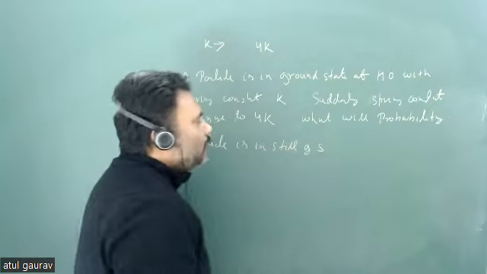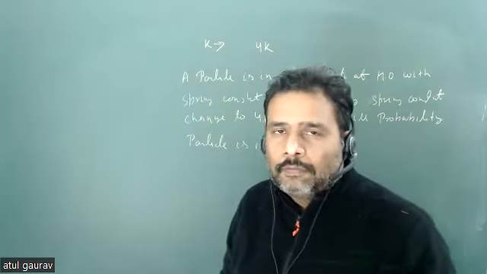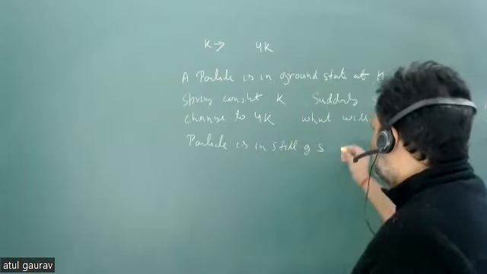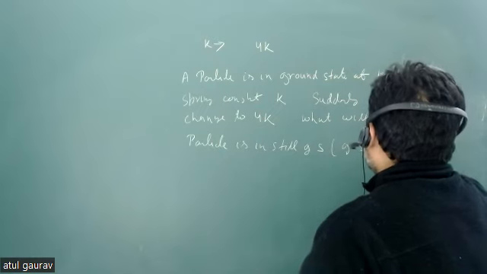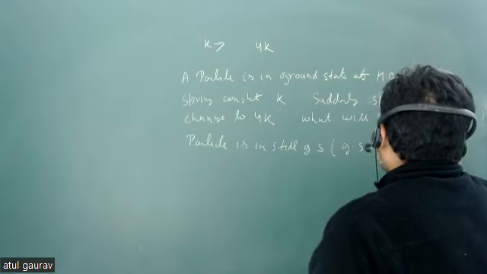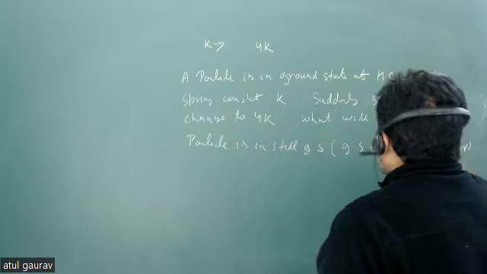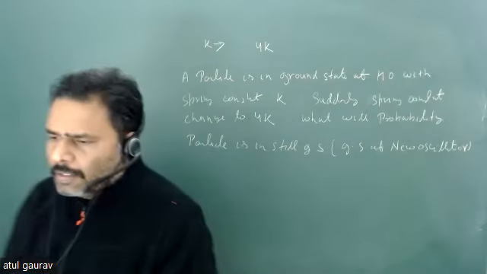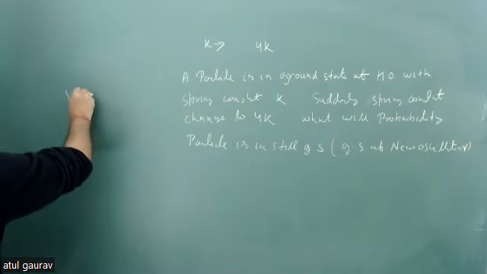Still ground state means ground state of the new harmonic oscillator, isn't it? That means ground state of the new oscillator. Okay. So पहला जो पोटेंशियल था, what is your first potential?